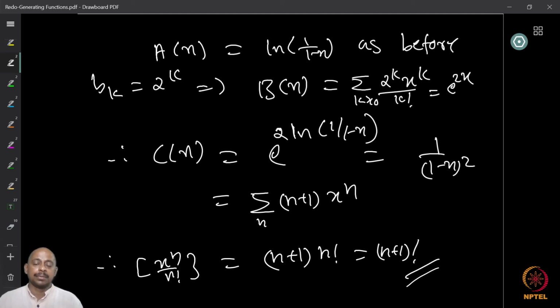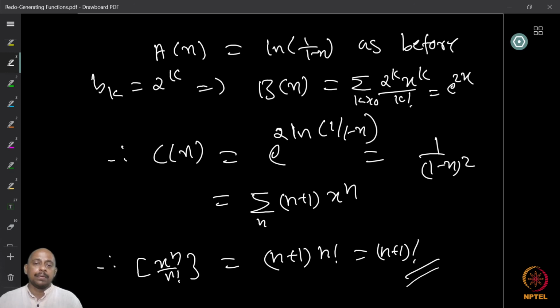So it is nice to see that we get n plus 1 factorial as the number of ways of doing it. So these are two examples of using the composition. One can have several other examples, but let me now go to some few other things.